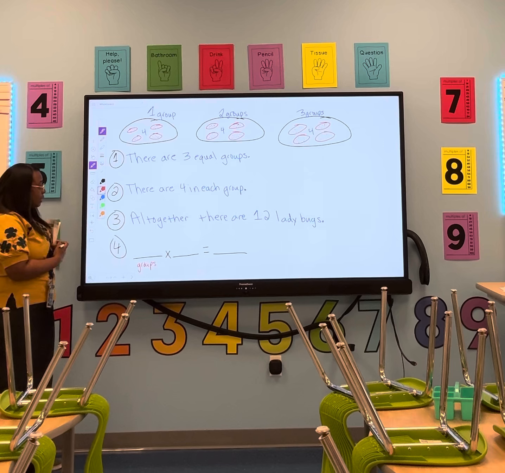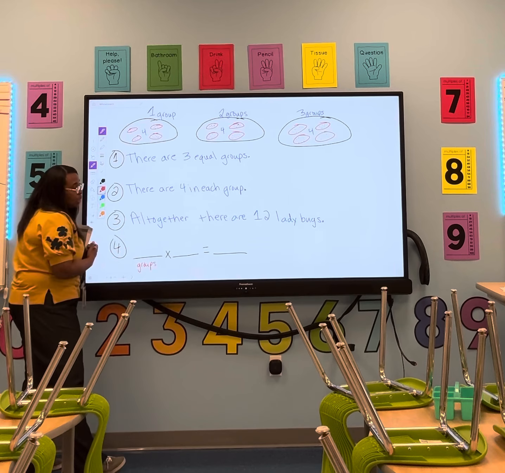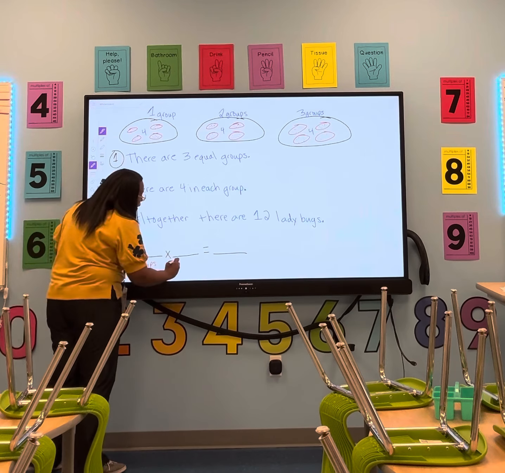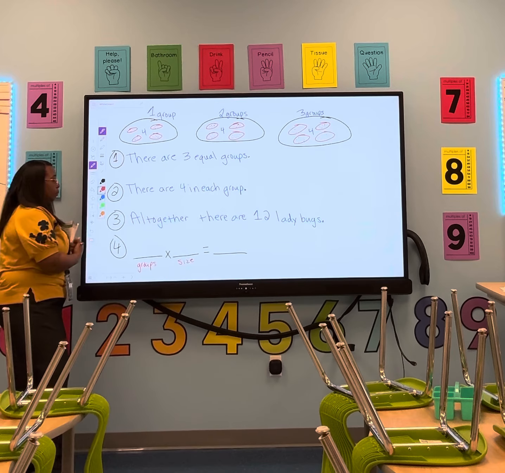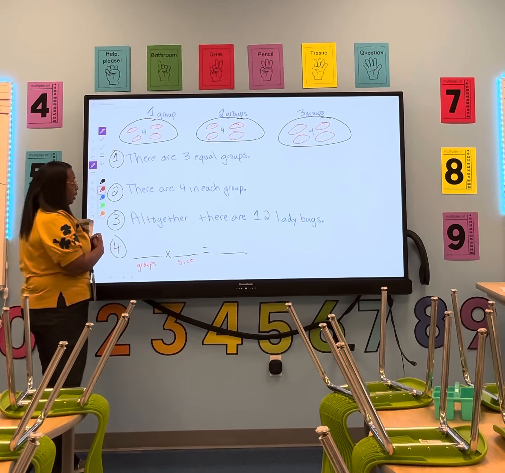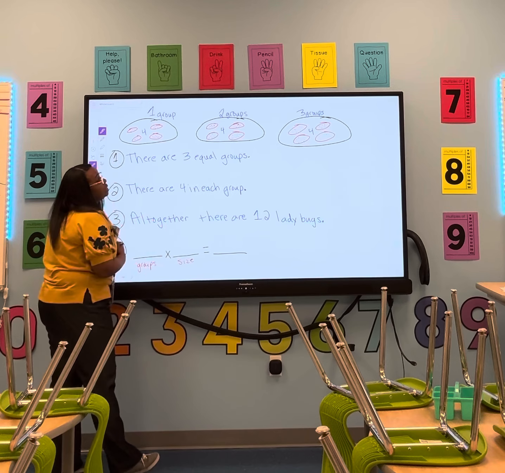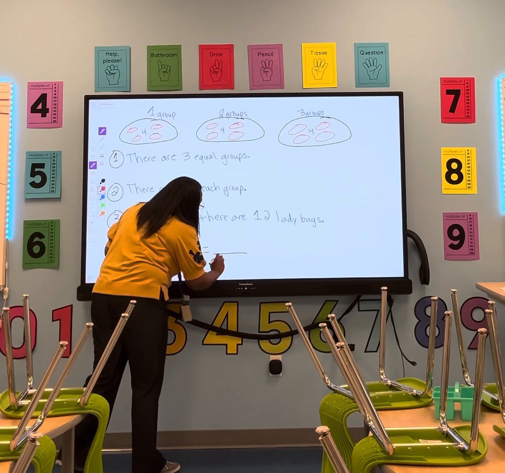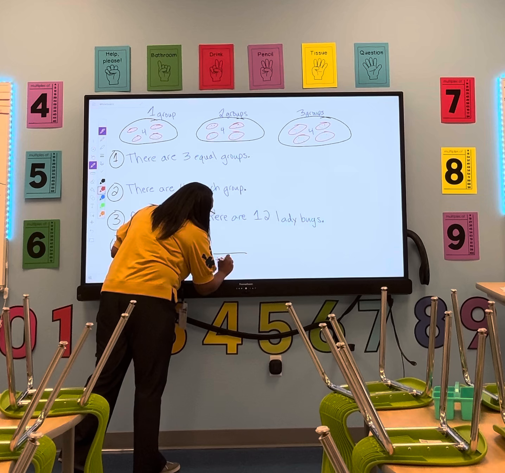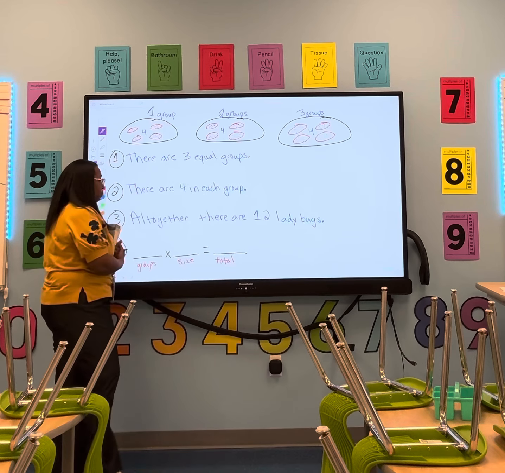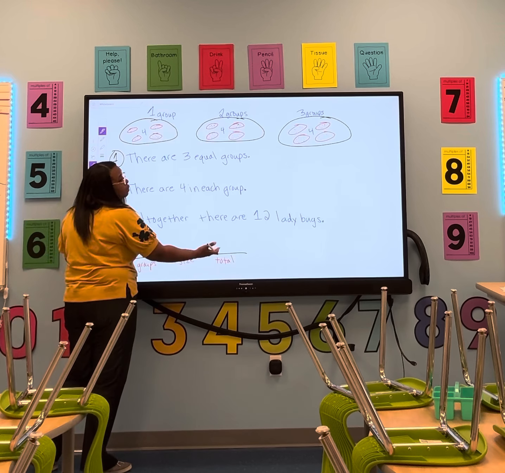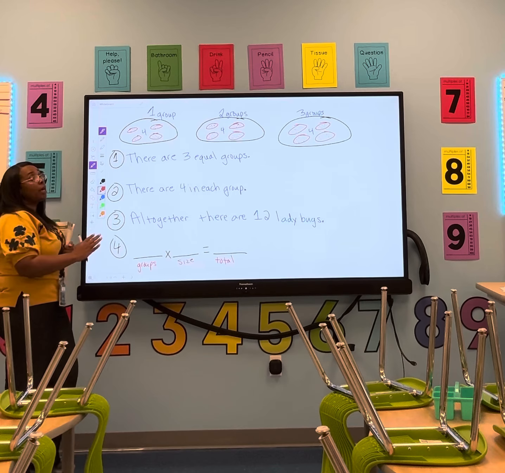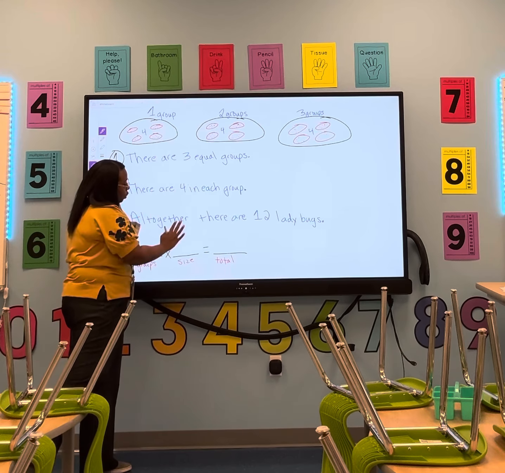The second number is the size of each group, how much is inside of each group. The last number is the total, or the product. When I know what each number means, I can easily look at my picture and know what goes where.